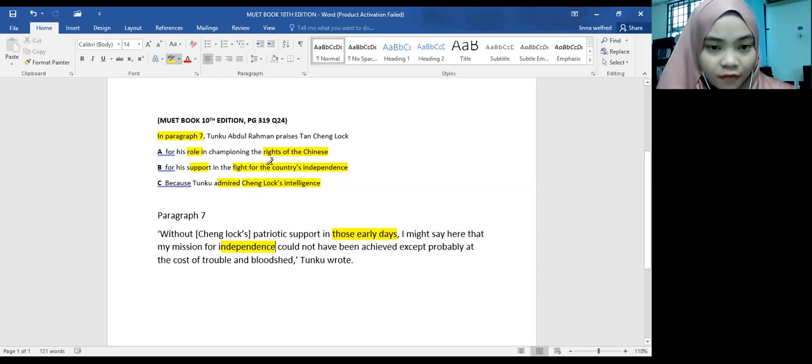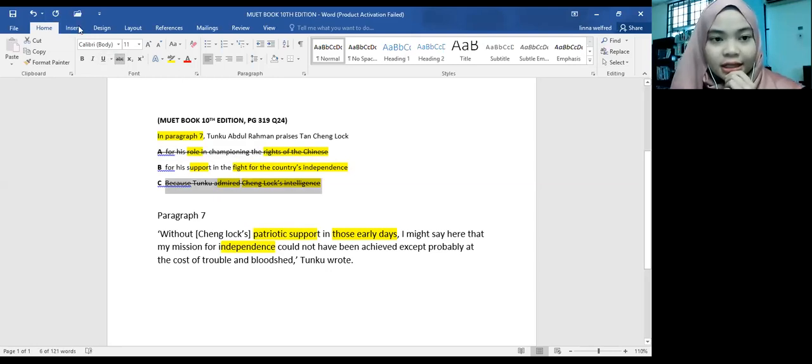So, fight for the country could have the same meaning as the patriotic support. By that, we need to eliminate answer options A and C.